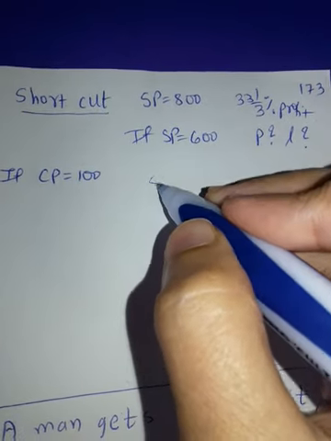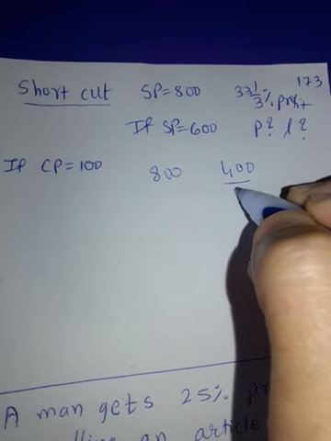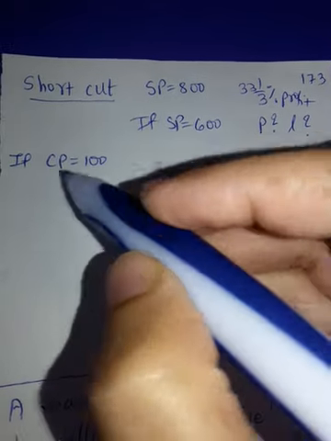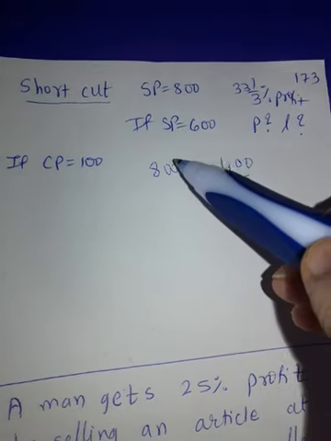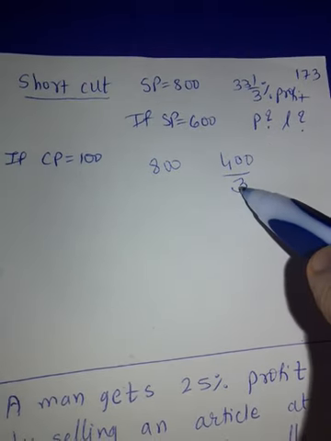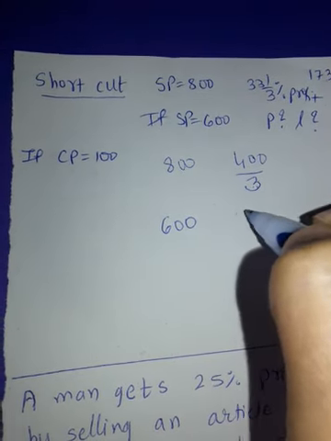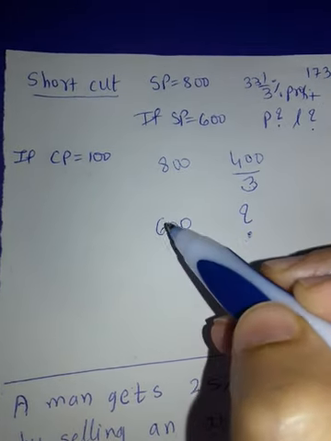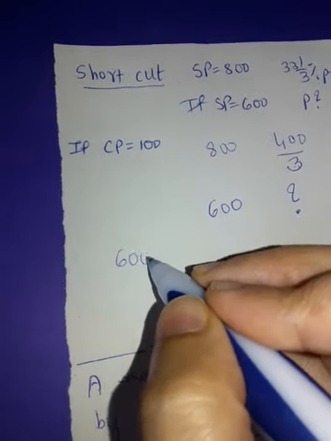So 800 SP is equal to 400/3 SP. If CP is 100, SP is 400/3. So 800 SP is equivalent to 400/3 SP. 600 SP is equivalent to how much? This into this divided by this. Now how to solve this?